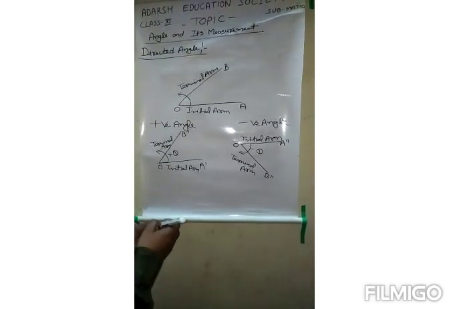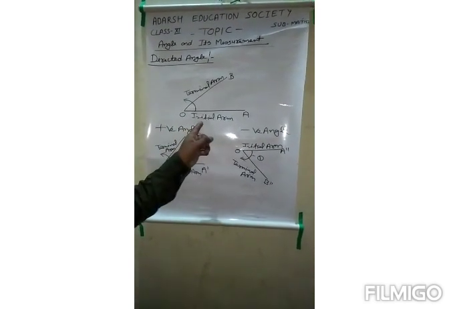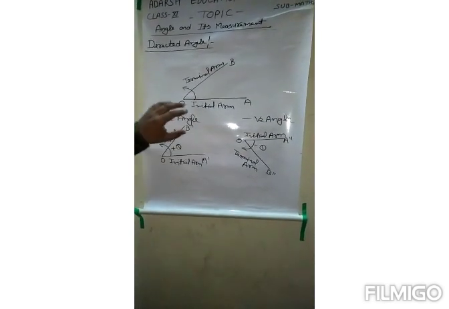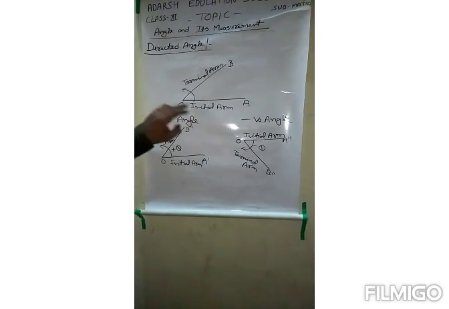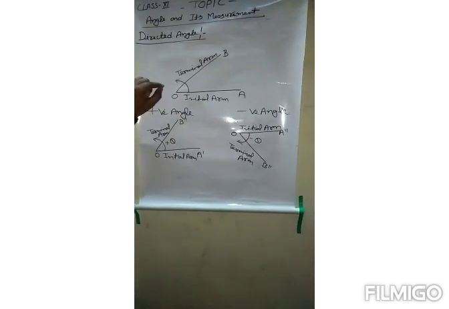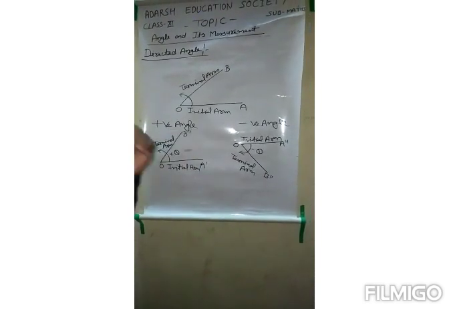So again I repeat the topic. The directed angle is generally formed by the initial arm as well as the terminal arm, where the initial arm is that arm from which we started the sense of rotation, and the terminal arm is that arm where we close the sense of rotation.